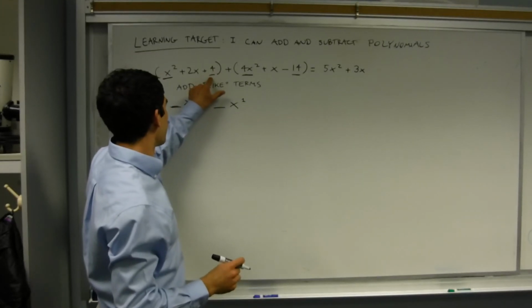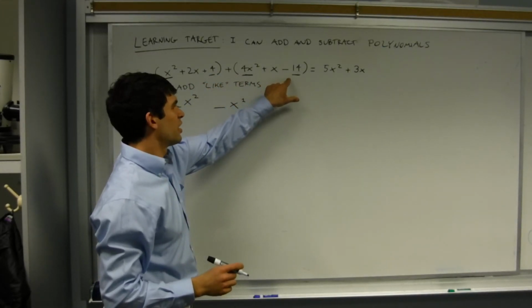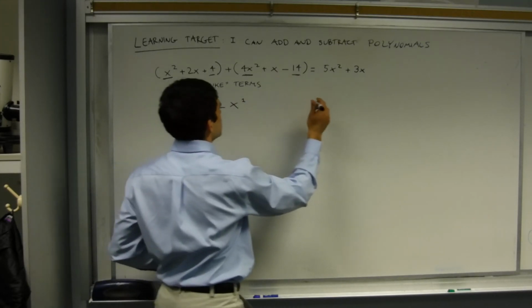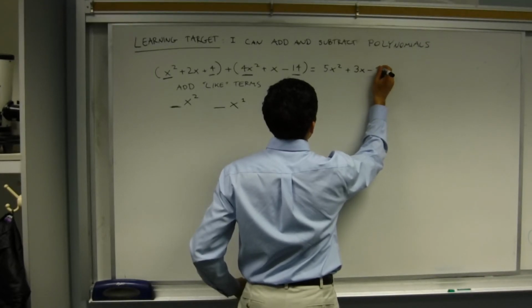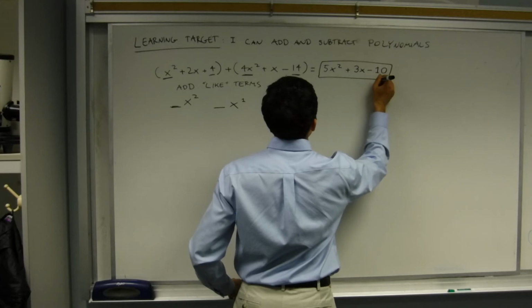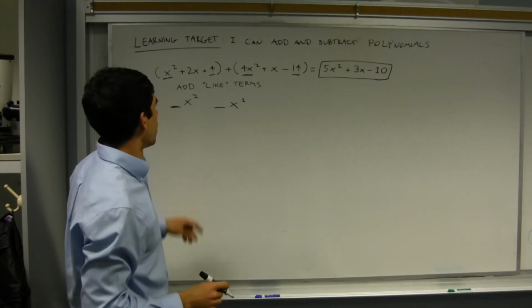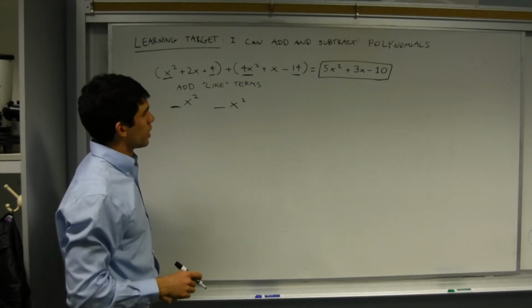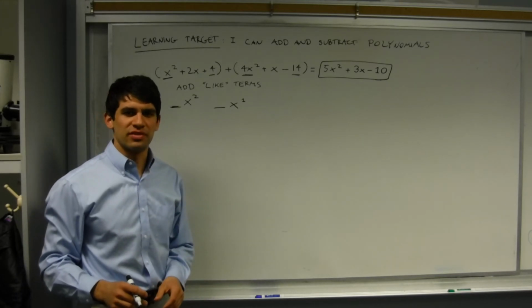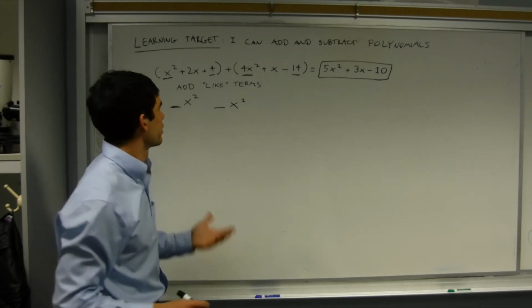And then we have 4 plus a negative 14, which is a negative 10. So this would be the answer to our addition of polynomials.